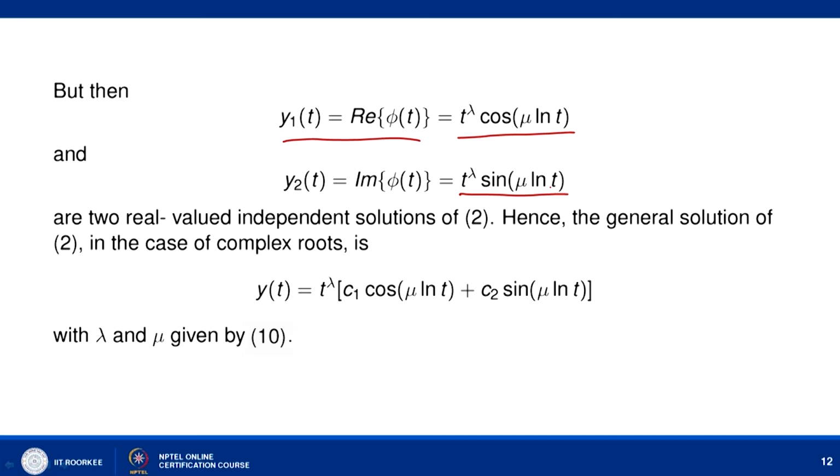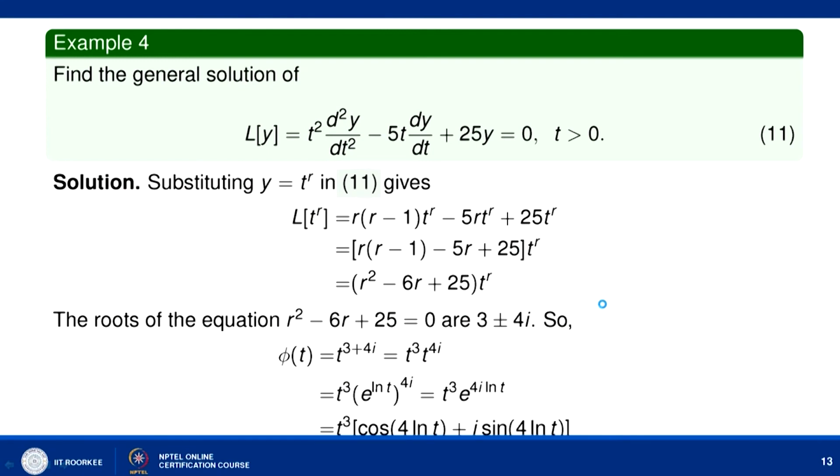So, it means that if we have a complex solution of a real differential equation, then its real and imaginary parts will also satisfy that real ordinary differential equation. Using that result, we can say that the real part of phi(t) and the imaginary part of phi(t) are two real valued independent solutions of 2, and we can write our general solution as t to the power lambda (c1 cos(mu ln t) plus c2 sin(mu ln t)), and in this way we can write the solution.